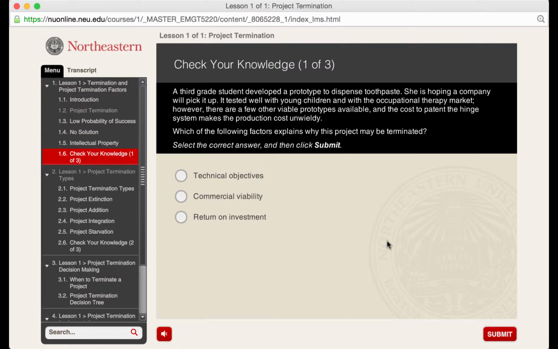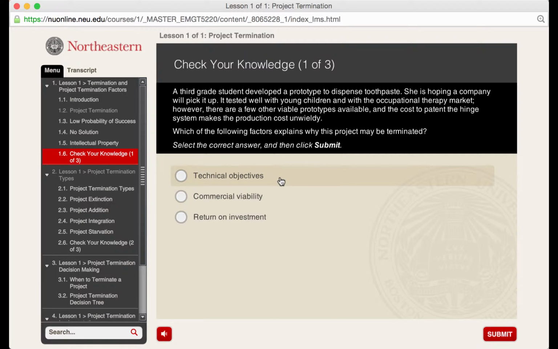But there's a couple of good features here that I think are really important. One is, in the prompt here, we're creating a real live situation that's potentially something an engineering student would encounter. So again, we're trying to get at distinguishing these particular types of causes of project termination, and we talked about project termination before in another video.